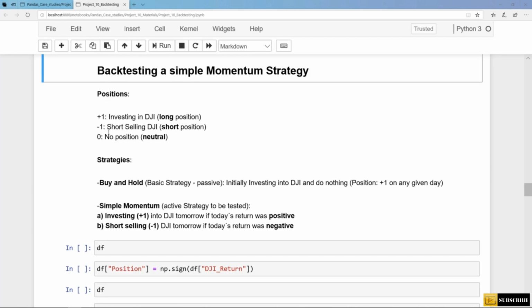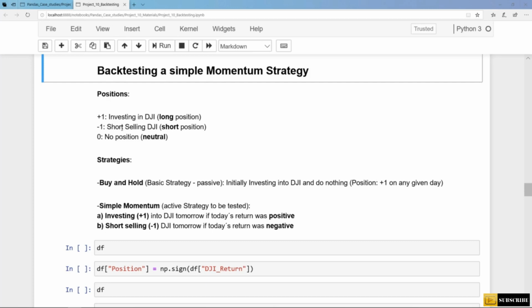Next, the short position, or -1, is the opposite of the long position. I don't want to go into the details of short selling, but essentially you will lose if prices rise and you will win if prices fall. For some markets and some securities, short selling is not permitted.